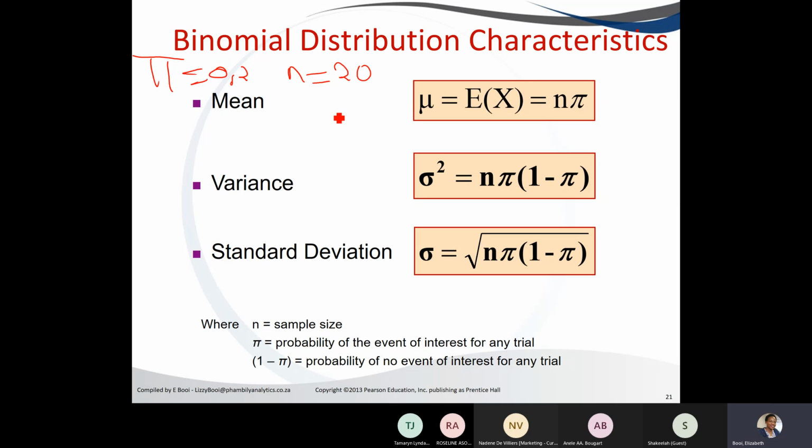is 20. To calculate the mean, which is your n times pi, which is 20 times 0.2, gives us 4.